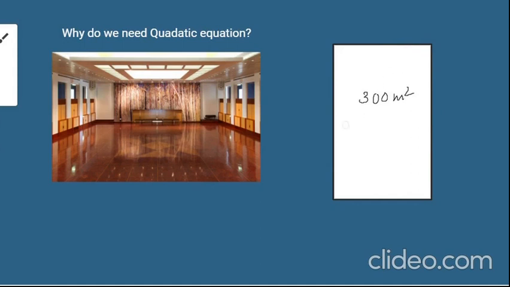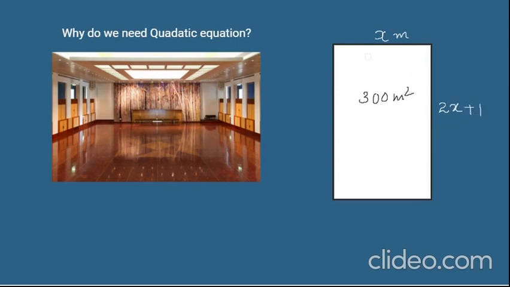They have told us that its length is 1 meter more than twice its breadth. So if you take the breadth as x meters, the length must be one more than twice its breadth. So what do you mean by twice its breadth? If x is the breadth, two times the breadth, and one more than that.